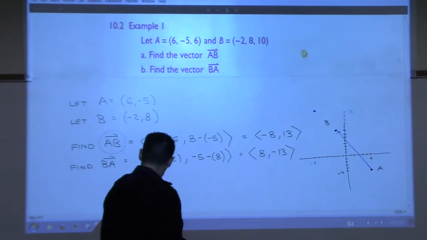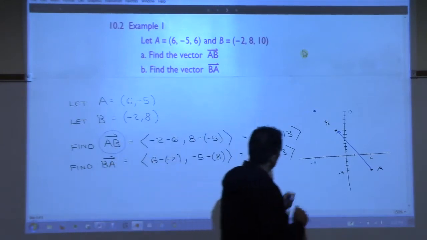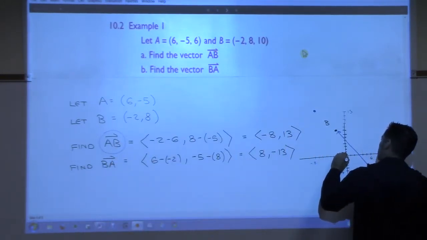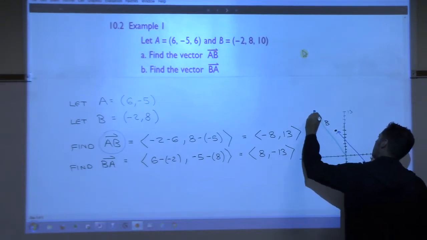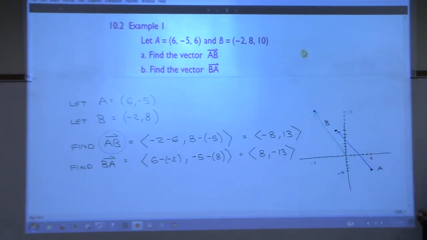This vector that I draw that goes from the origin up to the point right here, that vector is equivalent to this vector, isn't it? Same direction, same length.